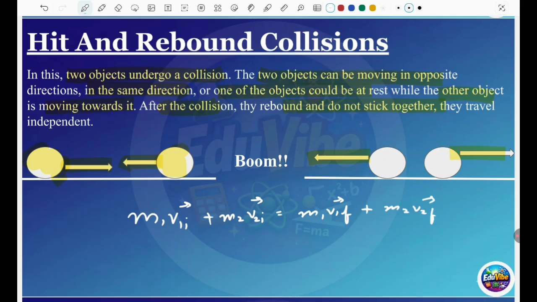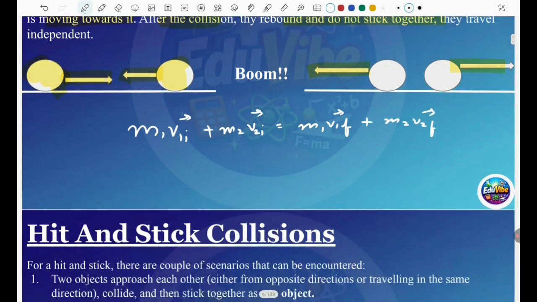We consider both the initial and final terms. If something is at rest, we take it as 0, but we can't cut anything from the equation. Sometimes you have to use all the terms for this type of question if they go in opposite directions.